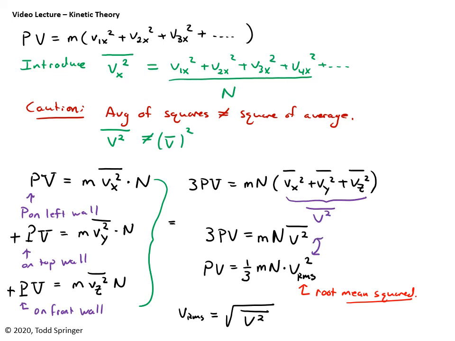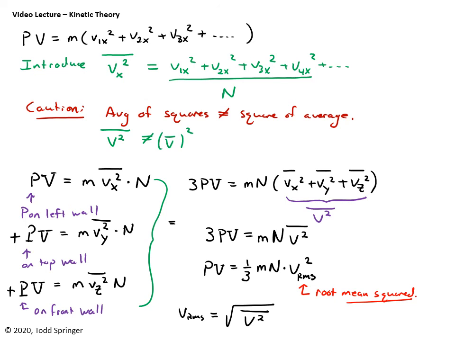Okay. So the formula that I just wrote is really interesting because on the left side are macroscopic things, pressure and volume. Those are the things we've been talking about earlier in the course, things you can measure by eye or with macroscopic instruments. And on the right side, I have microscopic stuff: the mass of one particle, the number of the particles, the average speed squared at which the particles are moving.